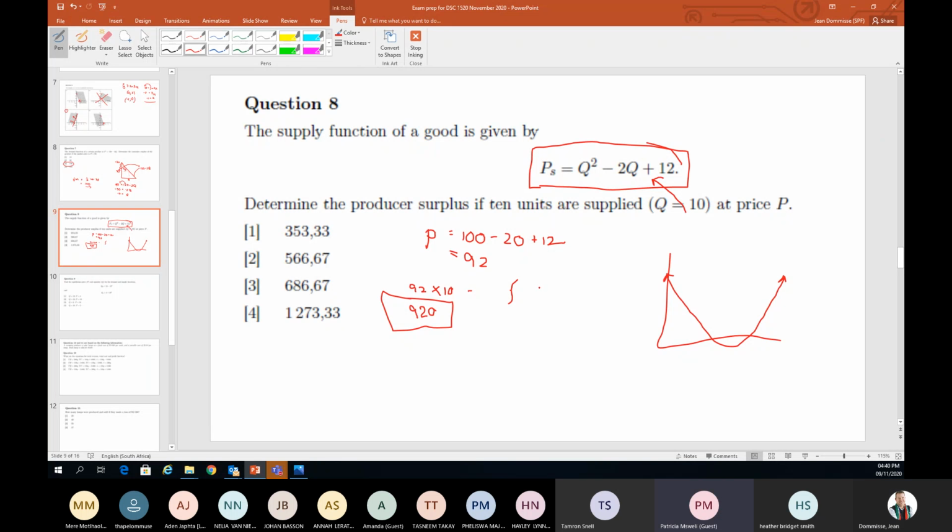I used the calculator. Okay, so your calculator actually got you that. Correct, got me 353.333.